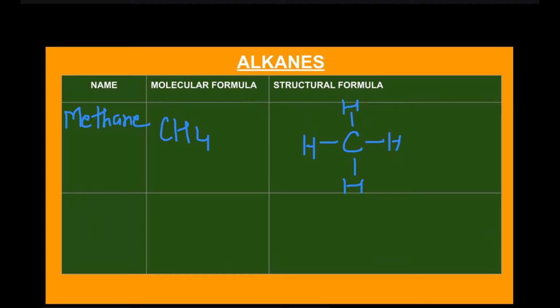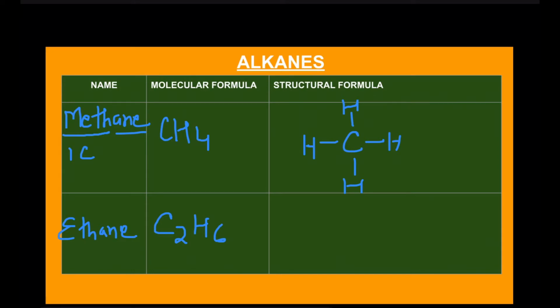The second homologue of the alkane series is ethane, that is 2 carbons, C2H6. As I was telling you about the word root and the suffix, you can see here meth denotes 1 carbon, and ane denotes that the carbon compound has single bonds in it.